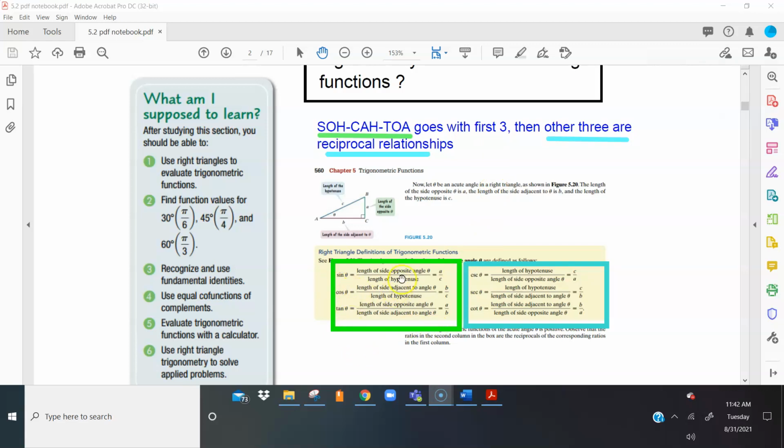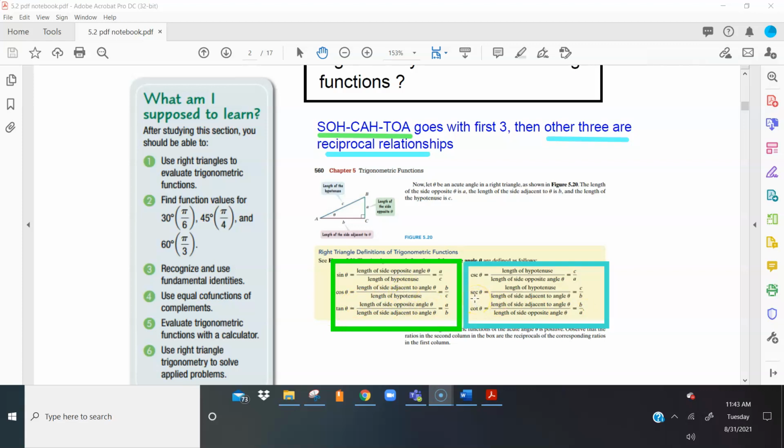So sine, opposite over hypotenuse. Its reciprocal relationship is cosecant, which is the reciprocal fraction, hypotenuse over opposite. You'll also notice those A, B, and C values. Don't worry about those. I'd rather you make sense of the actual lengths rather than more variables. Cosine, adjacent over hypotenuse.